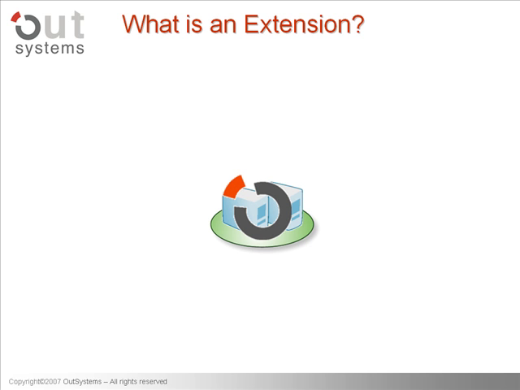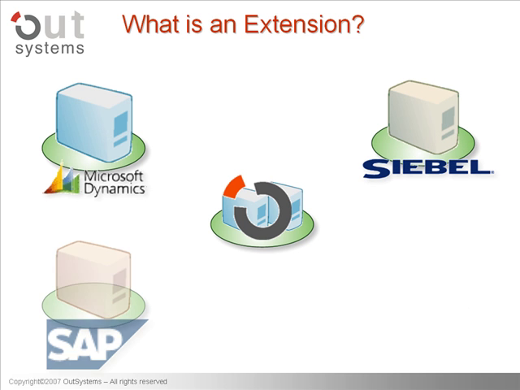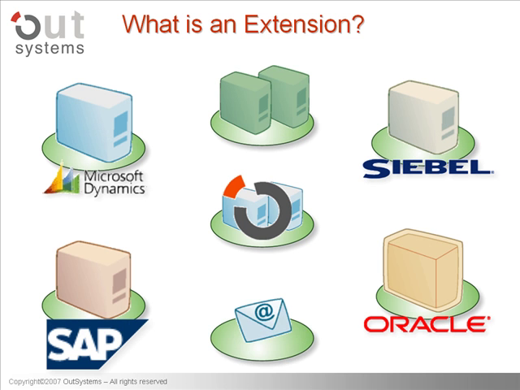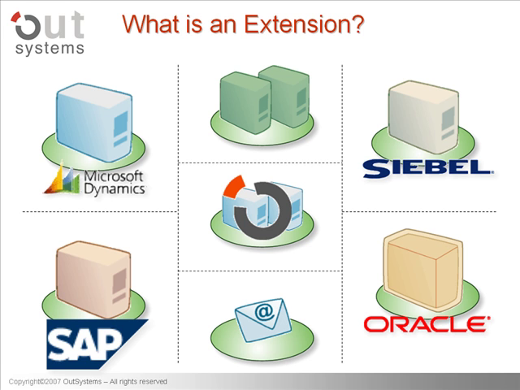OutSystems applications, eSpaces, are no exception, and like others, they are most likely to live in an environment where they need to coexist with other systems that handle enterprise resource planning, customer relationship management, enterprise application integration, content management, even external databases, and external or legacy systems. The problem is when these applications need to communicate with the others.